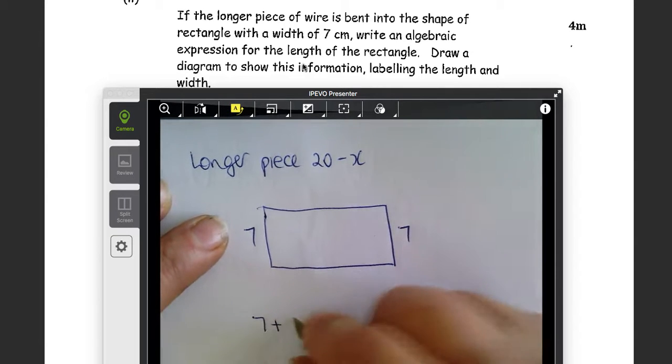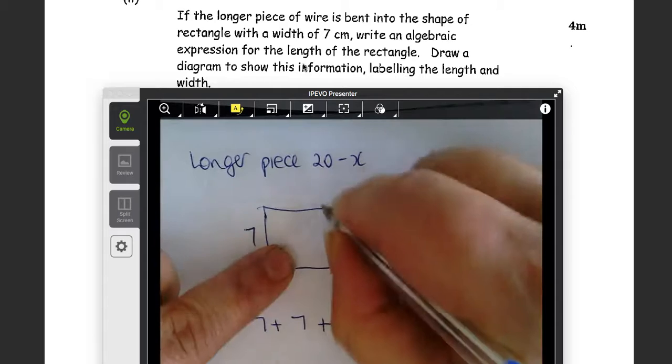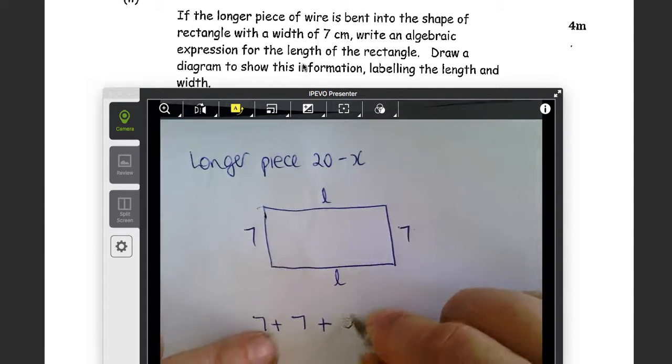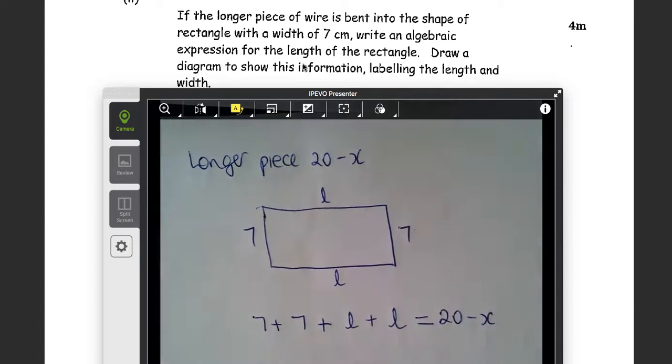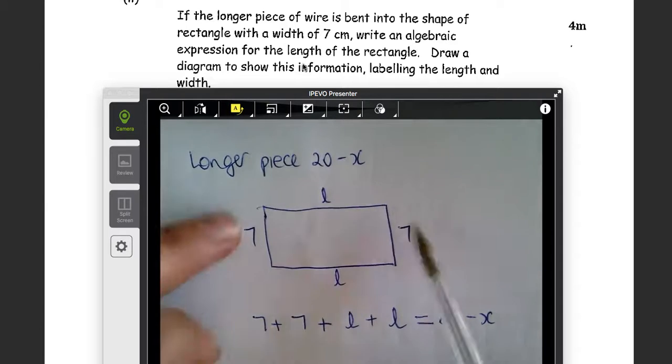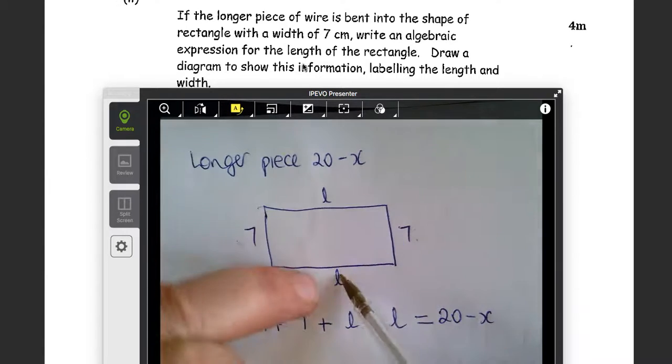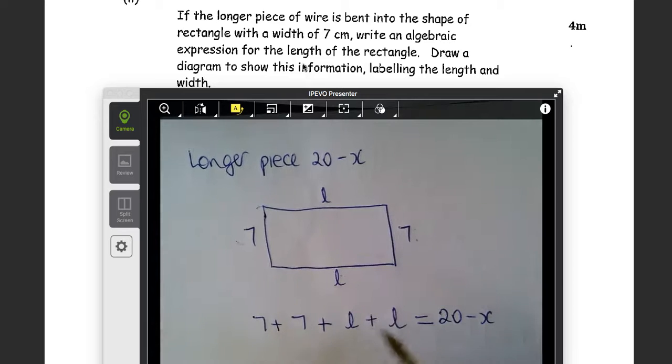So 7 plus 7 plus the length, plus another length, equals 20 minus X. Girls, you okay with this? 7 plus the 2 lengths equals 20 minus X. I know it's a bit hard, girls.